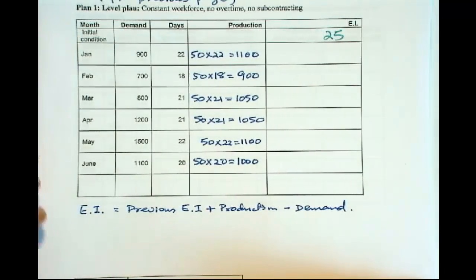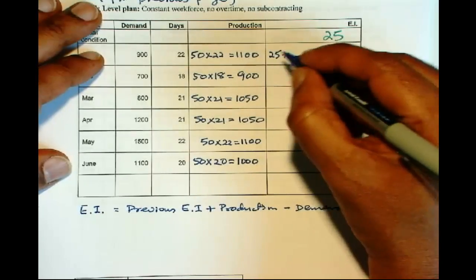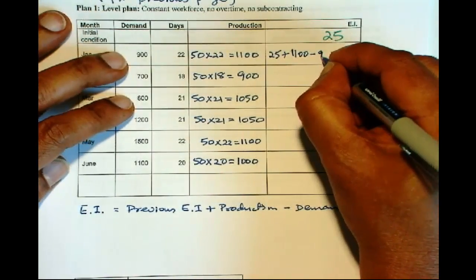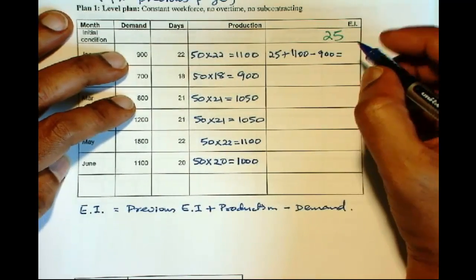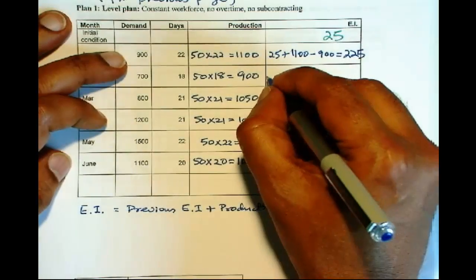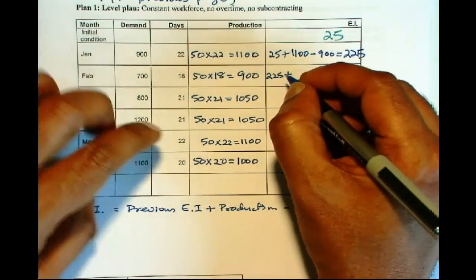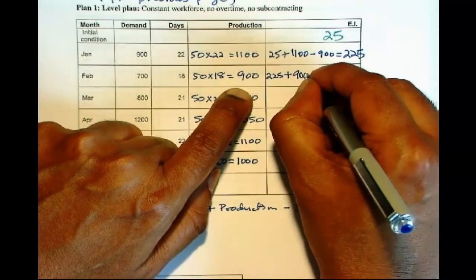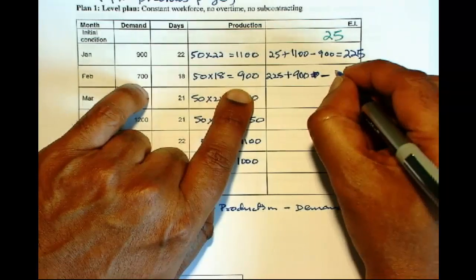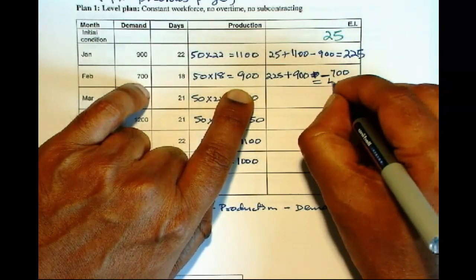So we start with 25 plus we are producing 1100. Then 900 is going to be used up. So we end with 225. So the next month you start with 225. Now you add 900 and then subtract 700, you get 425.